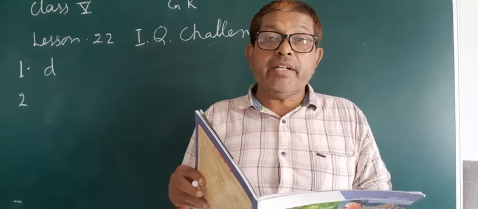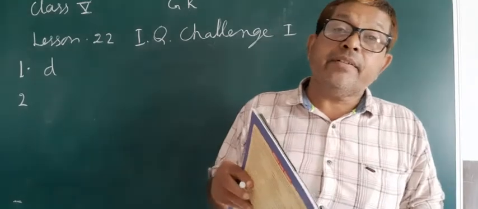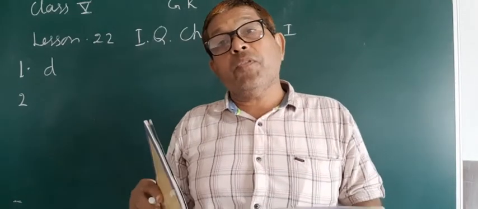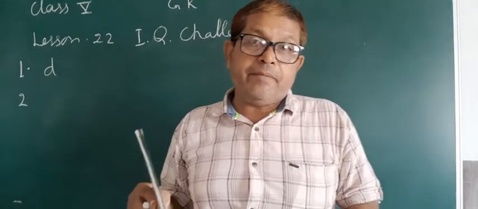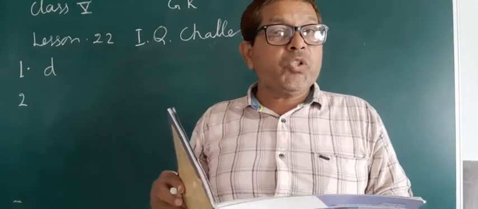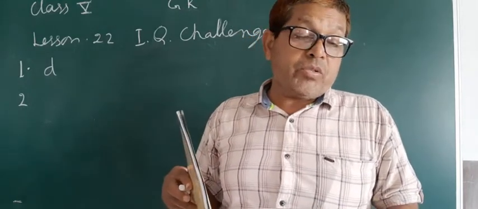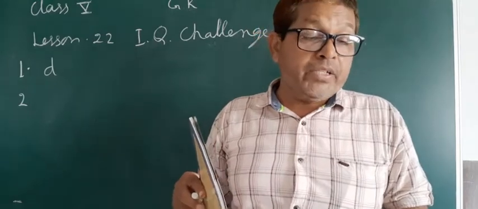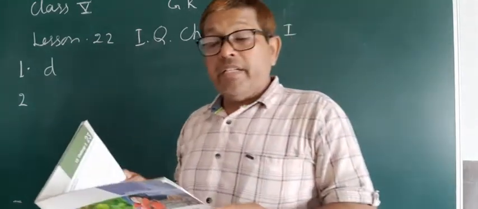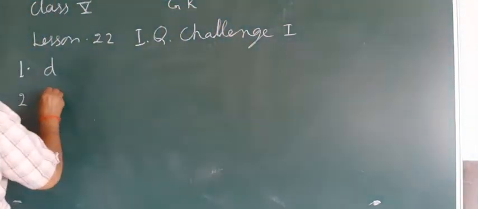C is also divided into 4 equal parts. D is also divided into 4 equal parts, but A is divided into 2 unequal parts. So in second, A is odd. So second A.